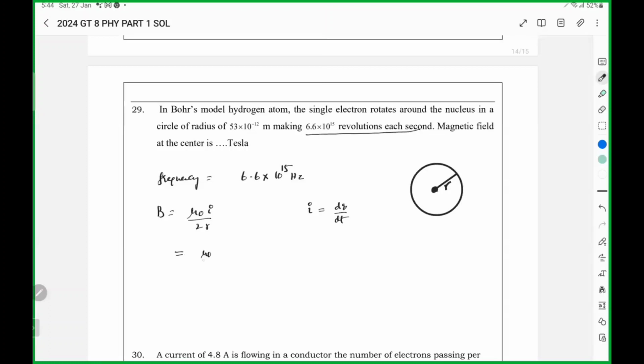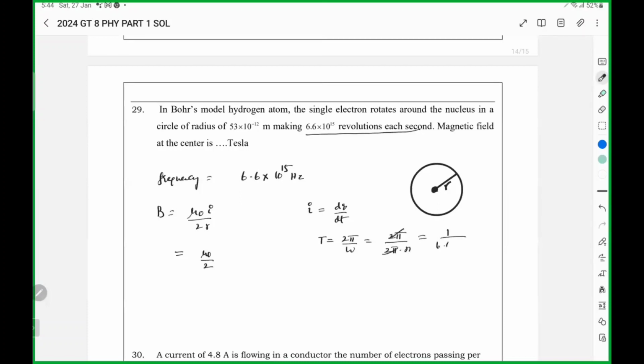So mu naught I by 2r, and time here is 2 pi by omega. 2 pi by omega is 2 pi n.